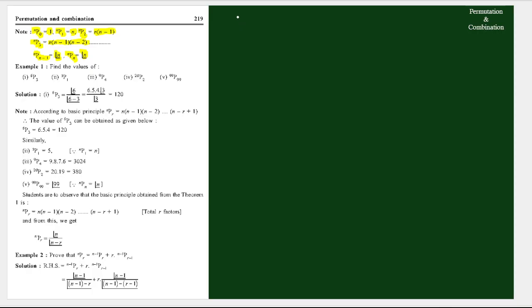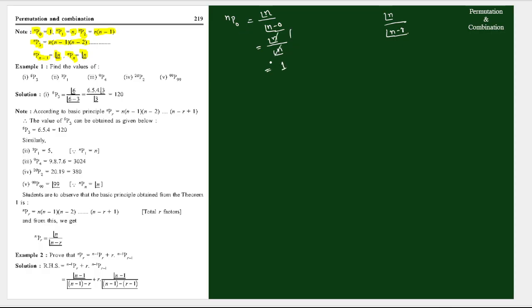You see? nP0, using that formula, okay? Factorial n over factorial n minus r. So here it will be factorial n over factorial n minus 0. So n minus 0 will be n, factorial n over factorial n, so that is 1.